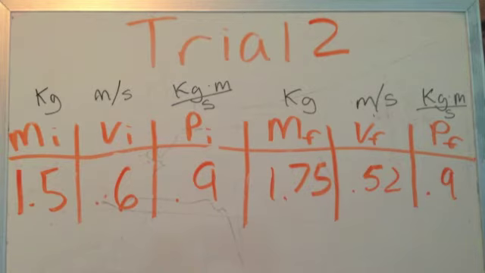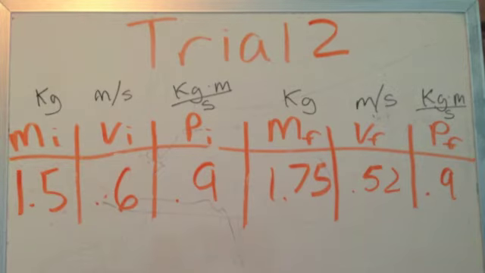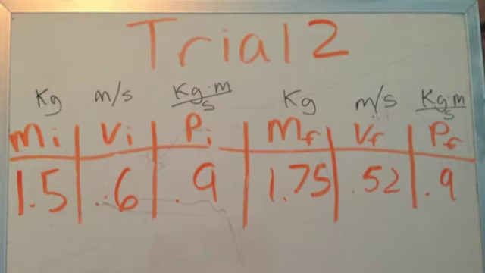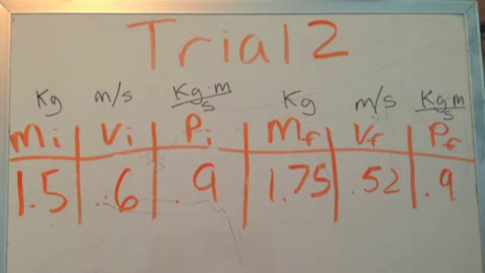The velocity was 0.6 meters per second, so the momentum was 0.9 kilograms meters per second. After the collision, the total system momentum was also 0.9 kilograms meters per second, because the mass of the cars together was 1.75 and the velocity was 0.52.